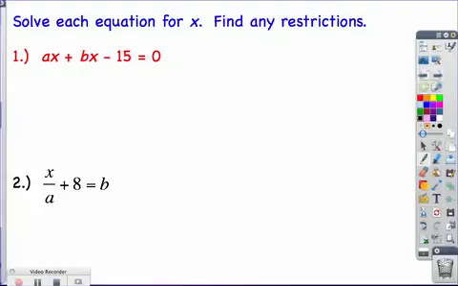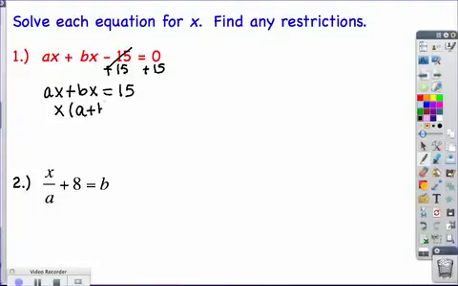For part 2, we begin by subtracting 8. x over a equals b minus 8. Multiply both sides by a.